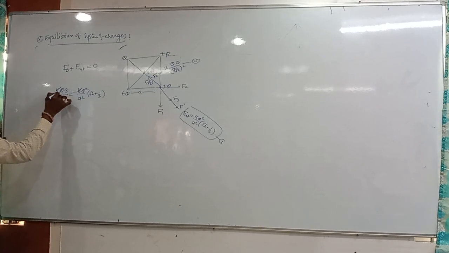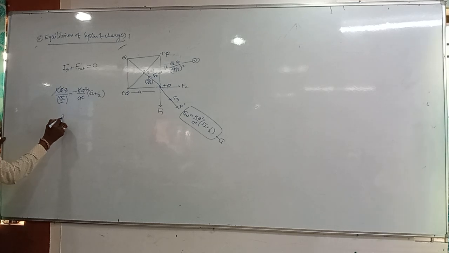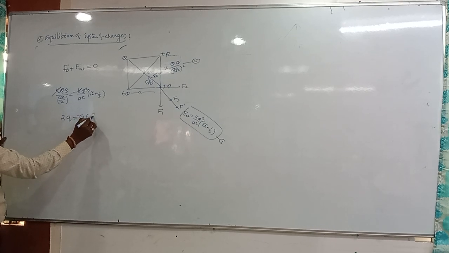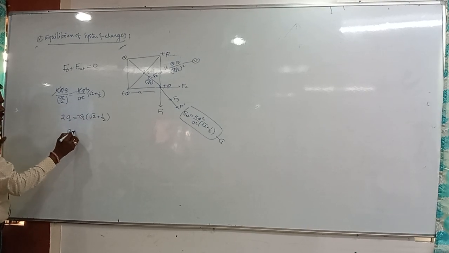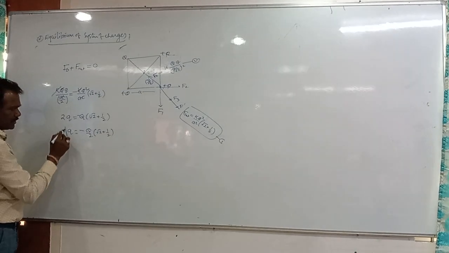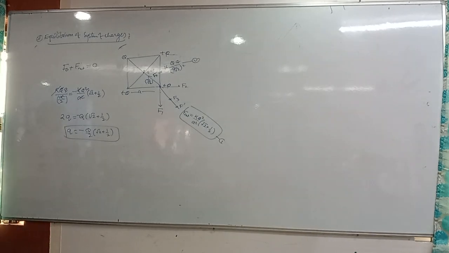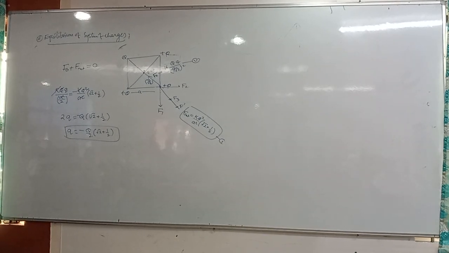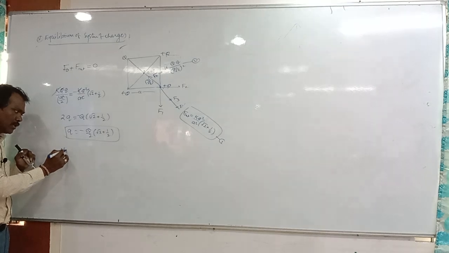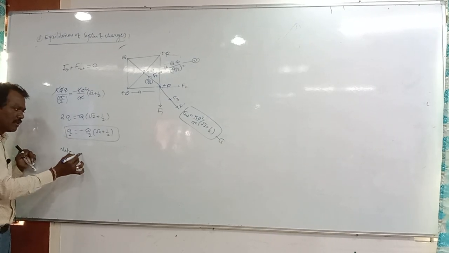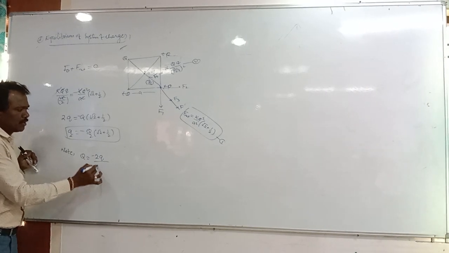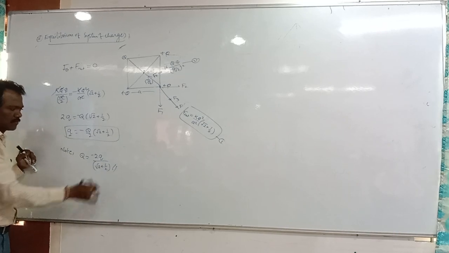So Q gets cancelled, A square cancels. So 2 into q is equal to minus Q into root 2 plus 1 by 2. Then q is equal to minus Q by 2, root 2 plus 1 by 2. Okay, right? And also vice versa, in capital Q, if small q is given, then Q is equal to 2q by root 2 plus 1 by 2 you can write. Okay.